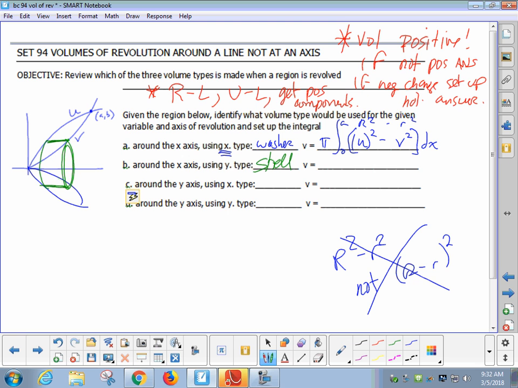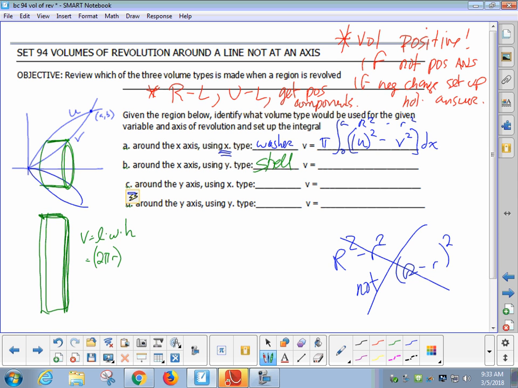Okay. Now remember that the cylindrical shell amounts to the volume of a rectangular prism when it's unwrapped, but one of the dimensions is really going to correspond to the circumference of the shell.